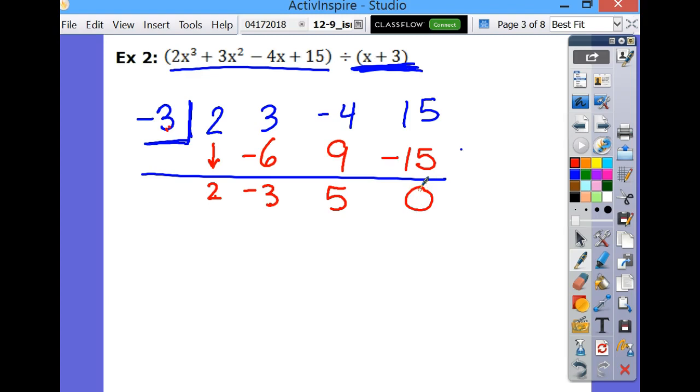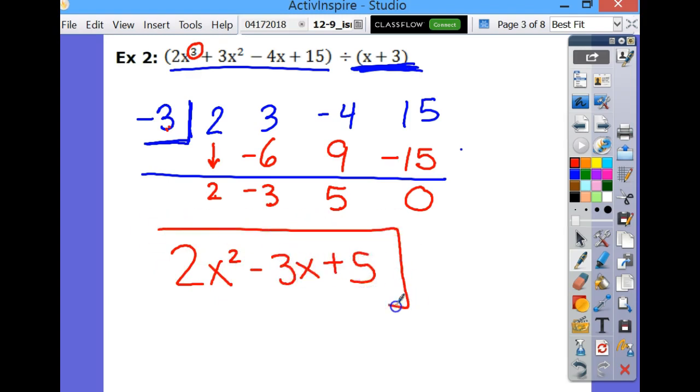A 0 over there at the end means the remainder is 0. That's not the answer. You have to put the x's back into the answer, and it always goes down by a power of 1 because you divided by x to the first power. So this is going to be 2x squared minus 3x plus 5. That is your answer to the division problem.